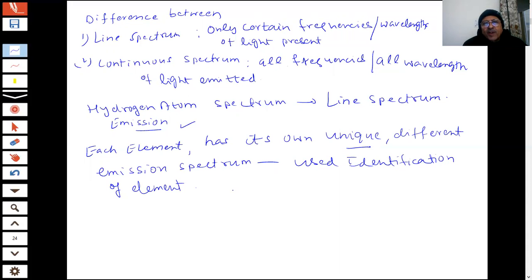Now the question before us is, why will we get lines in the case of hydrogen or different elements? What explanation can we give?